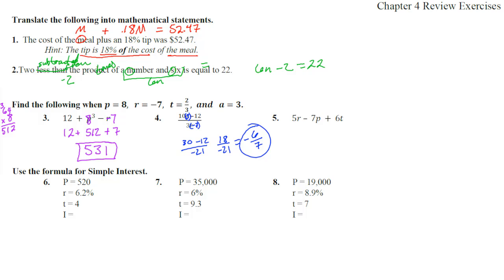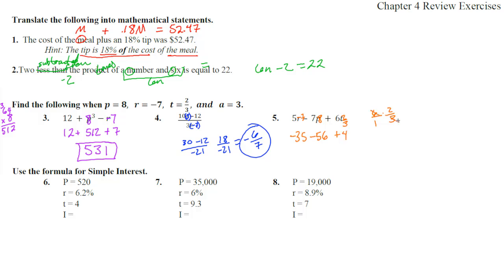Okay, number 5. So 5 times r, that's the -7, minus 7 times the p, that's the 8, and 6 times t, which is 2/3. So we get -35 minus 56. Now, what's 6 times 2/3? Let me see, 6 and so 12 divided by 3 is a 4.